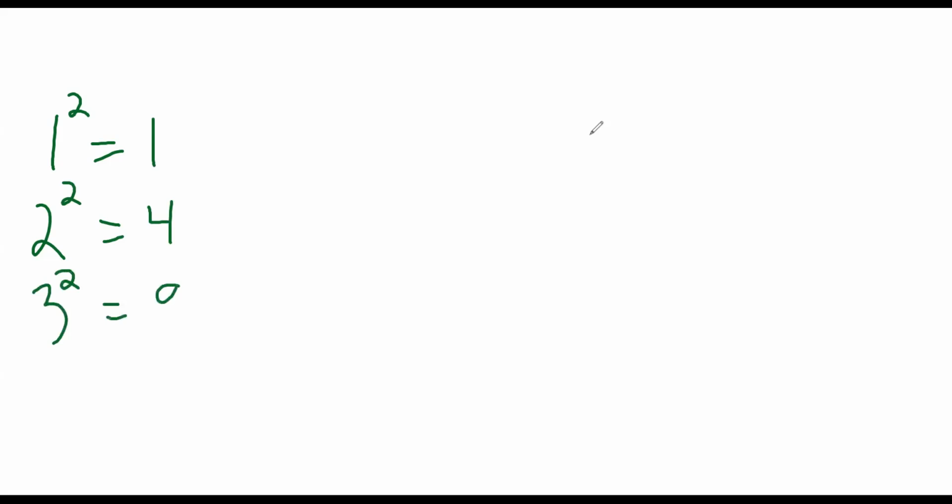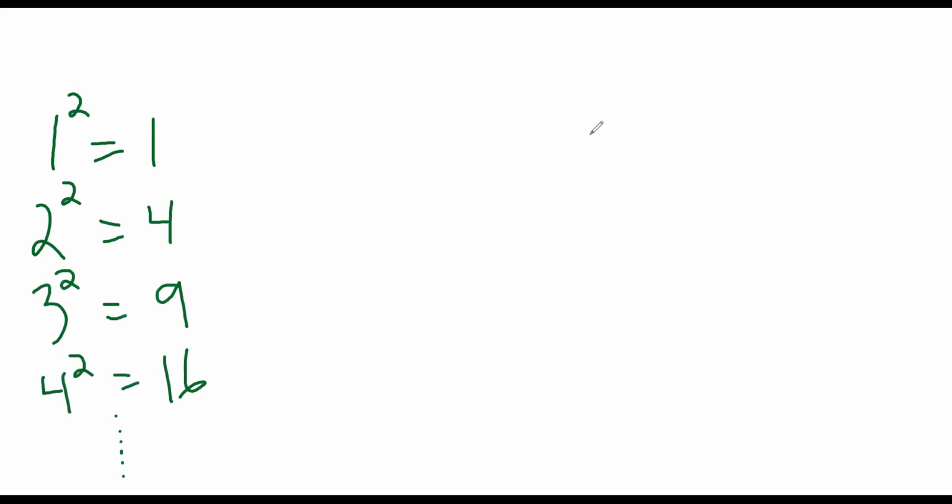Now, just like I told you, you probably want to memorize the first so many squares. 1 squared is 1, 2 squared is 4, 3 squared, 3 times 3 is 9, 4 squared, 4 times 4 is 16.